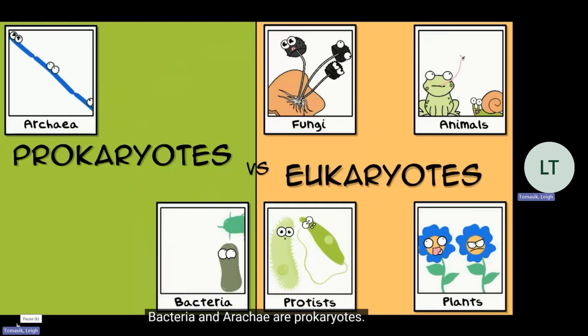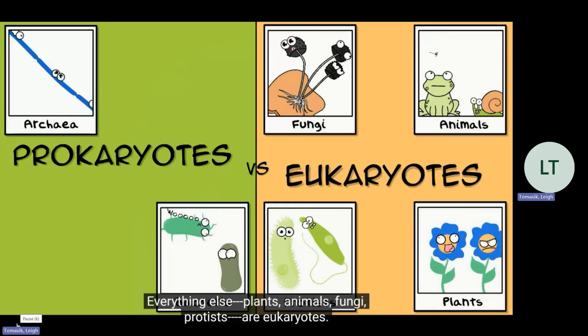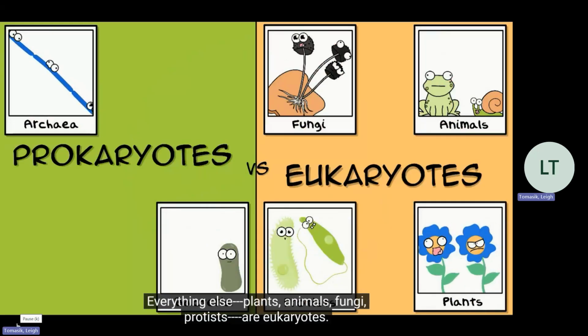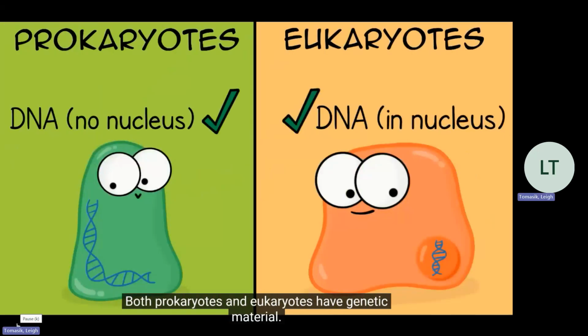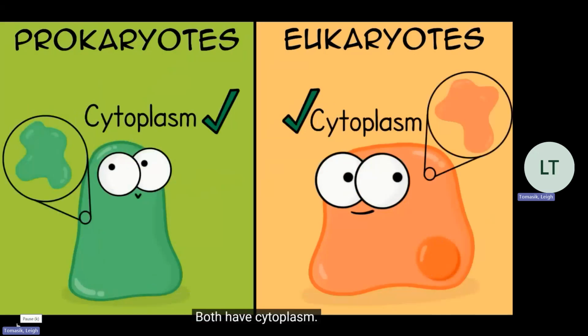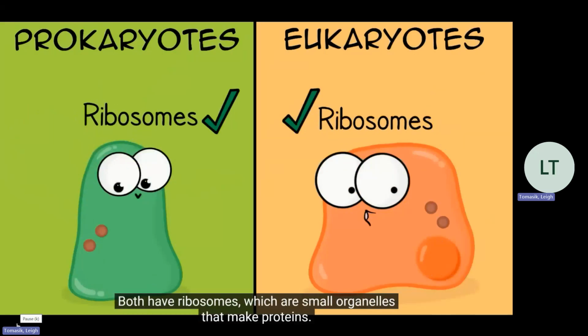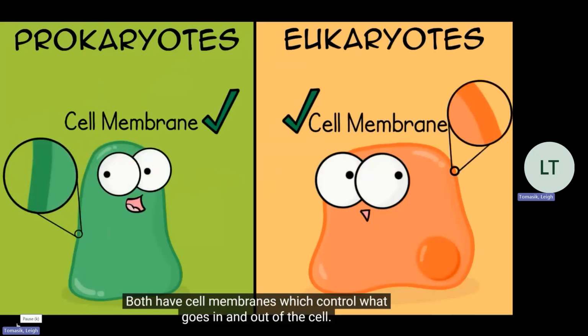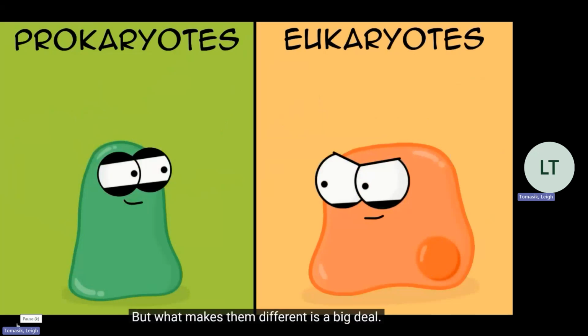Bacteria and archaea are prokaryotes, but everything else, plants, animals, fungi, protists, are eukaryotes. Both prokaryotes and eukaryotes have genetic material. Both have cytoplasm. Both have ribosomes, which are small organelles that make protein. Both have cell membranes, which control what goes in and out of the cell. But what makes them different is a big deal.